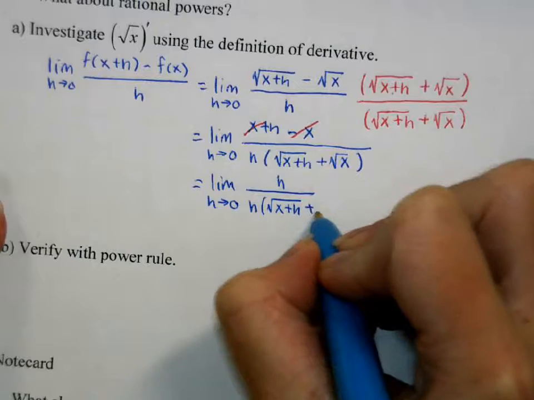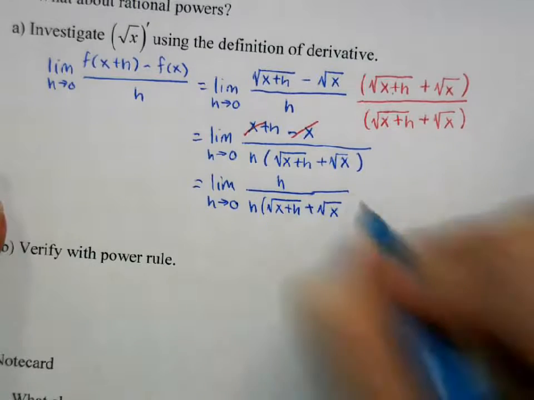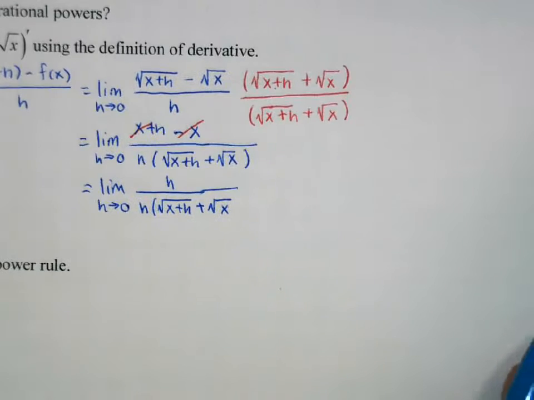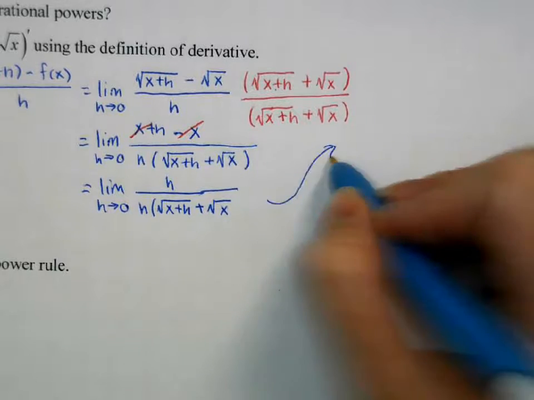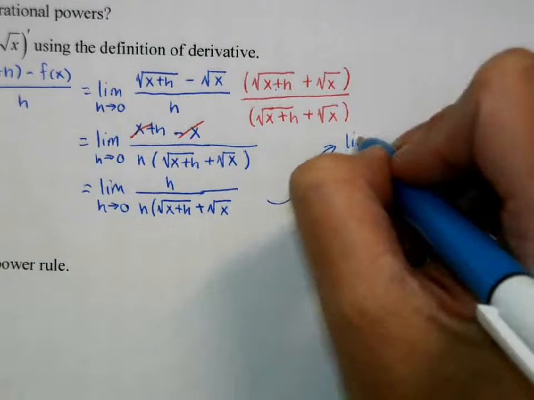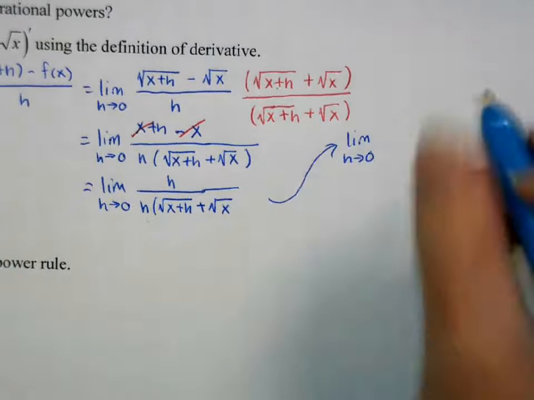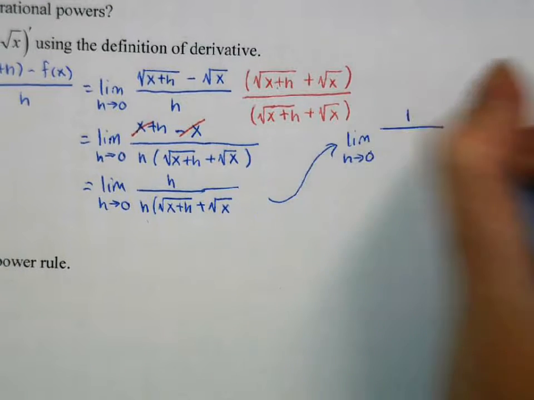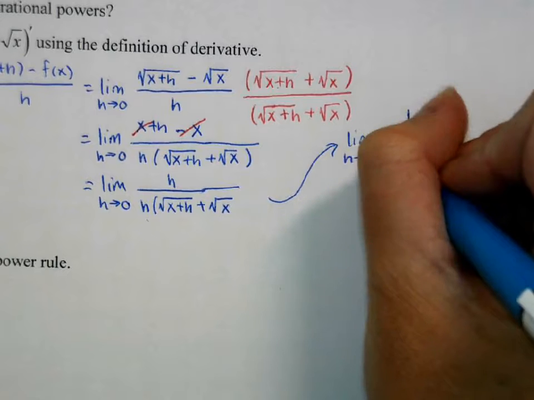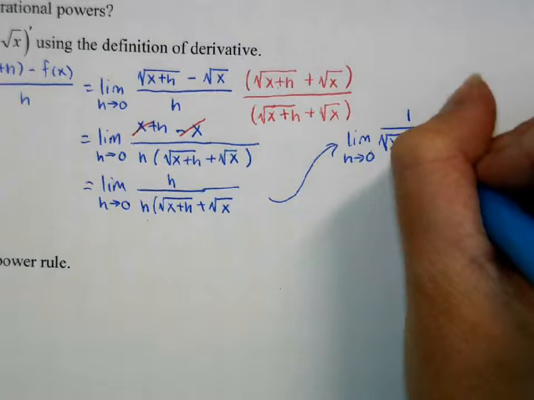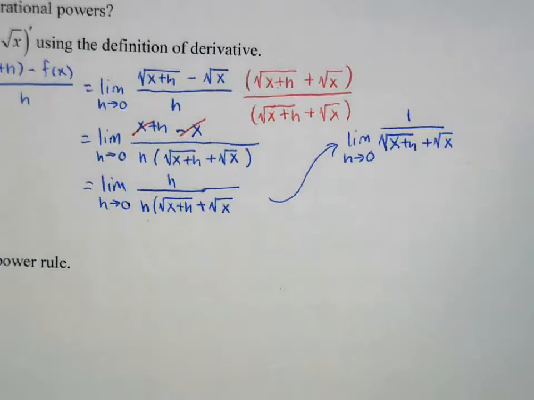Okay, and it just works. The h on the top and the bottom cancel, so that's going to be 1 over the square root of x plus h plus the square root of x. As h goes to 0, that's going to become 0. Everything else is going to stay there.